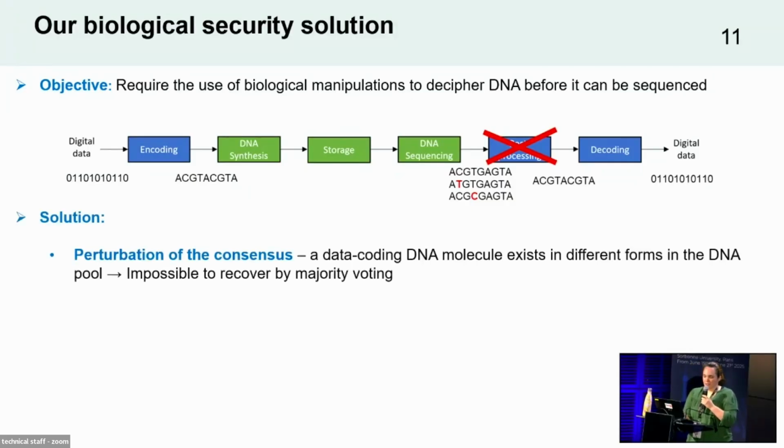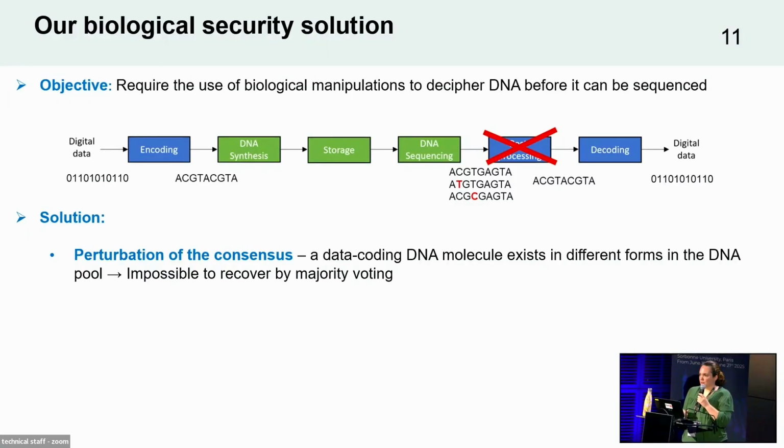More precisely, if biological manipulations are not done, the consensus step after sequencing is perturbed. Indeed, as a data coding DNA molecule will exist in different forms in the DNA pool, it will be impossible to do the majority voting at the post-processing step.